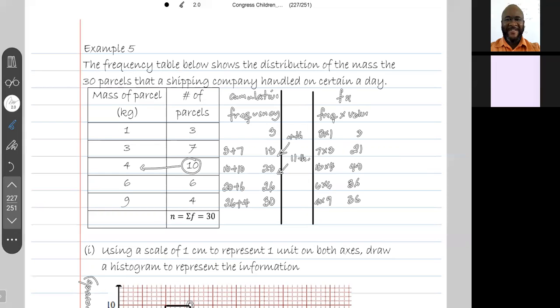So let's add 36 and 36, which is 72. 72 plus 40 is 112. 112 plus 21 is 133. 133 plus 3 is 136. The sum of FX is 136.